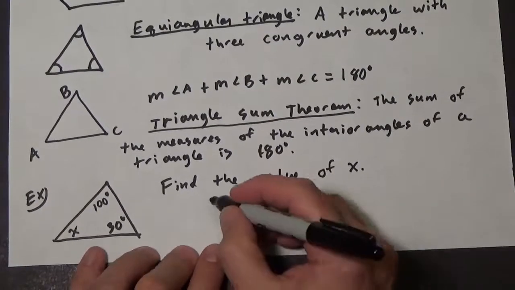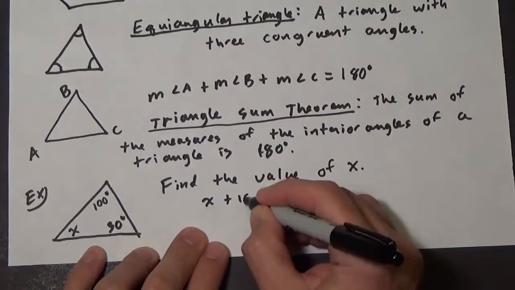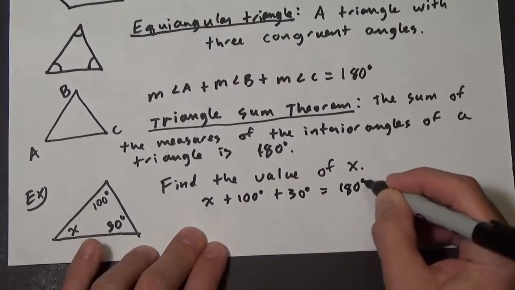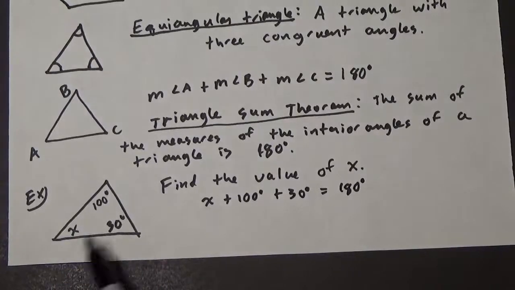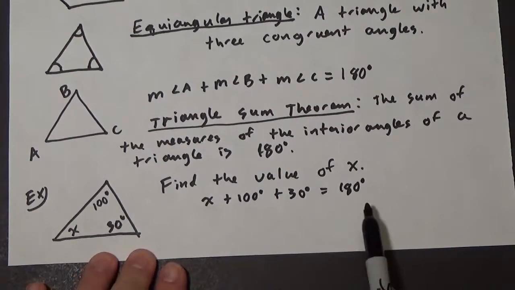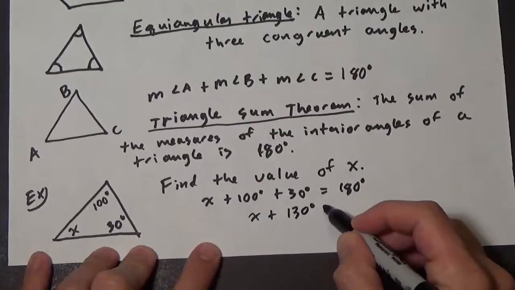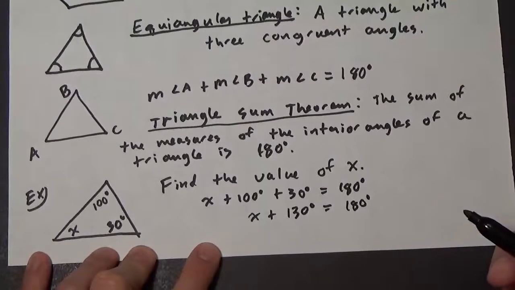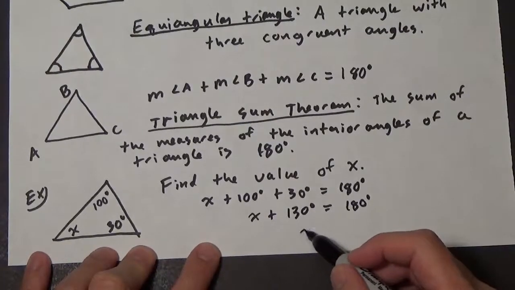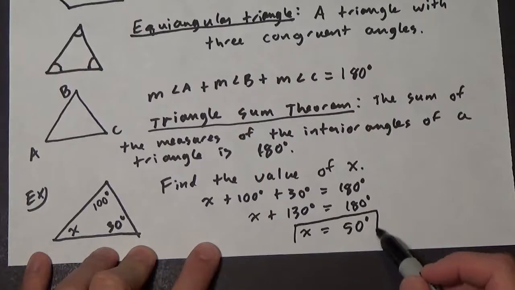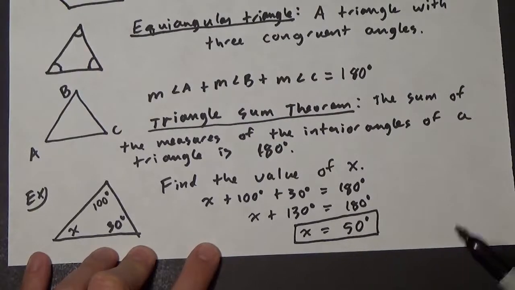We know that x plus 100 degrees plus 30 degrees equals 180 degrees. So we have to use our knowledge that the sum of the interior angles of a triangle is 180 degrees. Of course, write that out. Show your work. So the next thing we're going to have is x plus 130 degrees is 180 degrees. We subtract 130 from both sides, and x equals 50 degrees. And there is our solution.